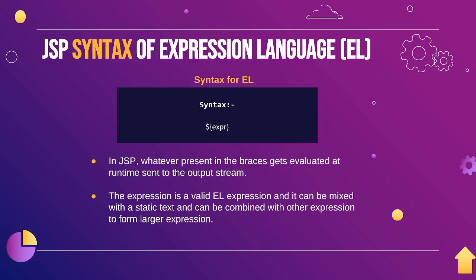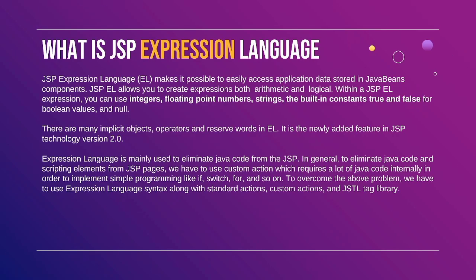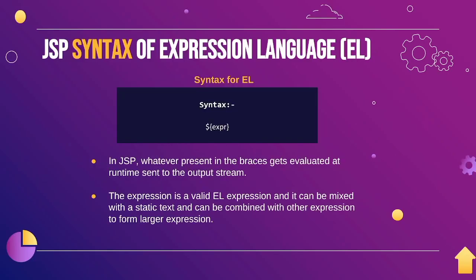So the JSP syntax of expression language. The basic syntax of the EL is this right here. It consists of the dollar sign together with curly brackets, and inside that we can put the expression that we are going to input.